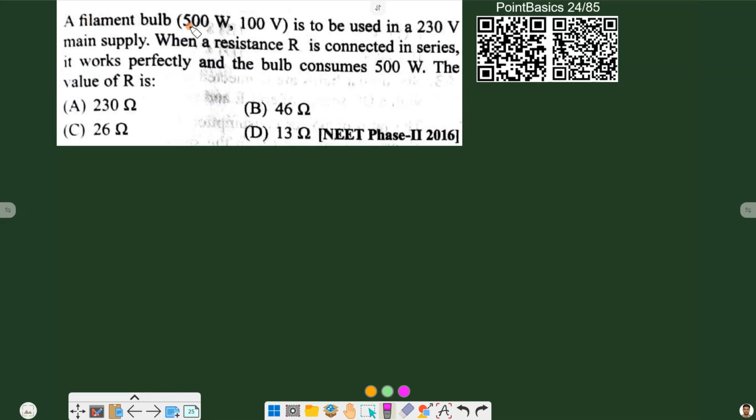Next one: a filament bulb rated 500 watt at 100 volts is to be used in a 230 volt main supply. When a resistance R is connected in series, it works perfectly and the bulb consumes 500 watt. The value of R is.